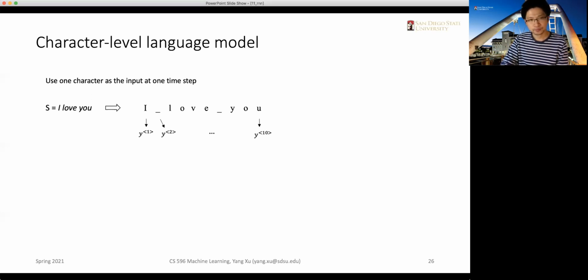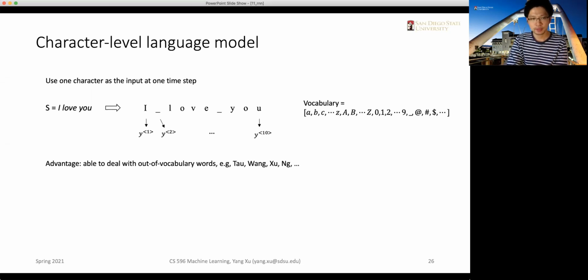So in this example, our vocabulary can be very small. We can just include the letters, numbers, and all the special symbols. That'll be useful, because it's very easy to deal with something that is outside the vocabulary.